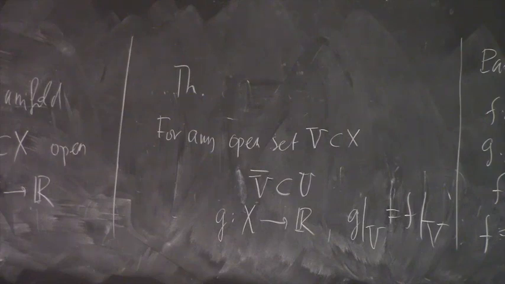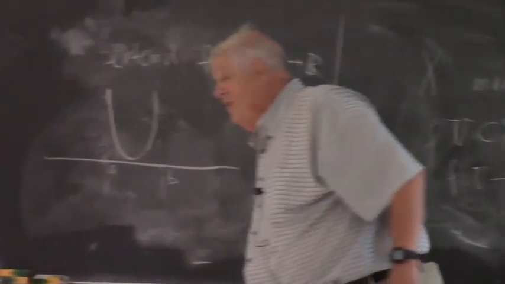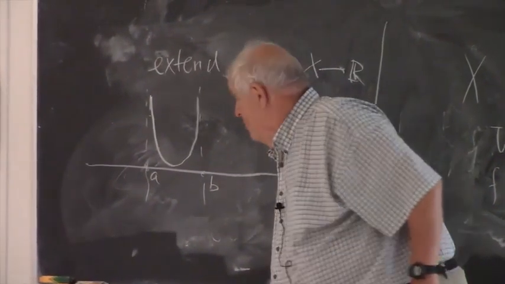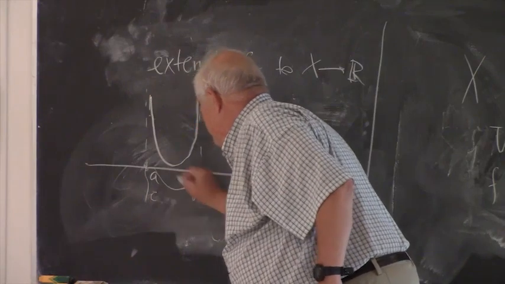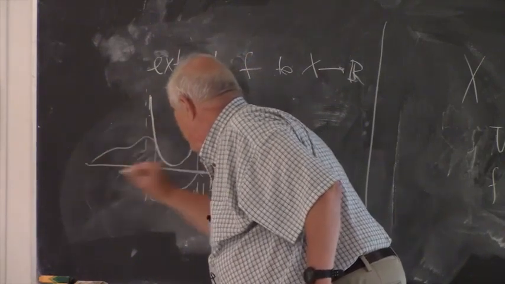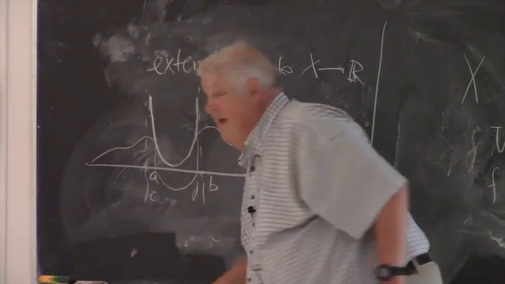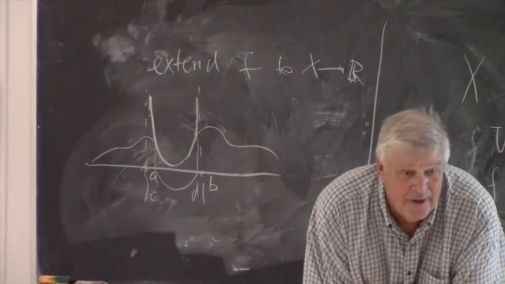Now, if you again look at my picture, it is very clear how to do it. Imagine that you have a smaller interval, C, D. Then certainly you can find this extension to the whole line. Why not, right?